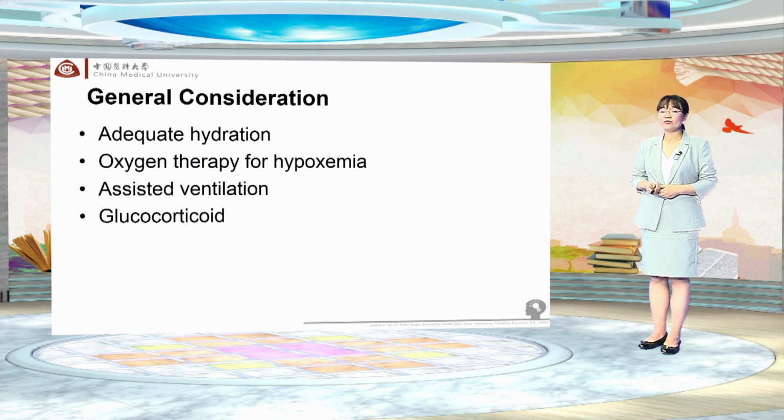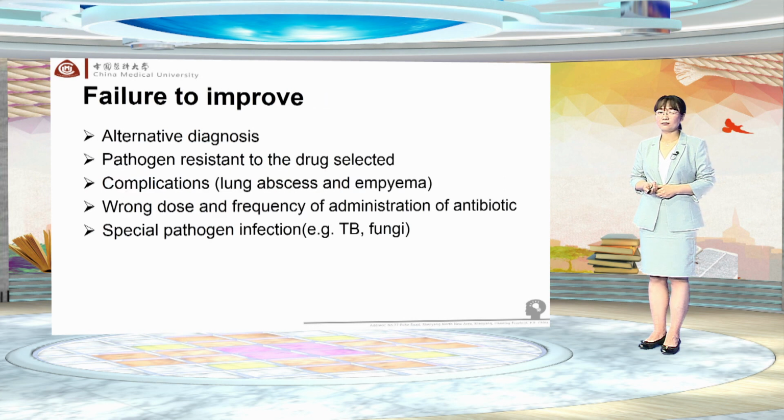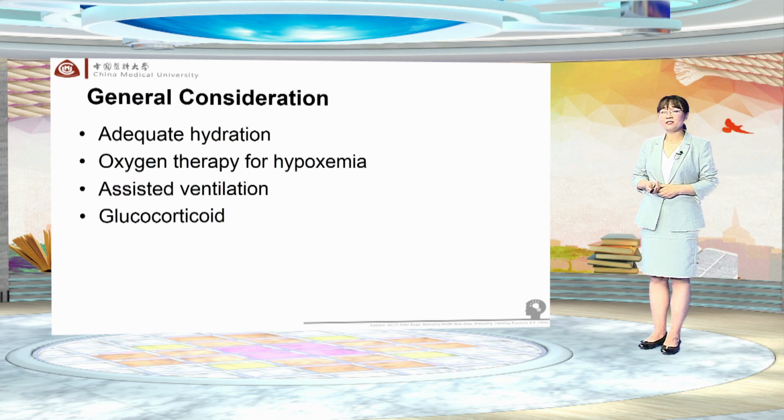Adequate hydration, oxygen therapy for hypoxemia, assisted ventilation when necessary are critical to successful treatment. Patients with severe CAP who remain hypotensive despite fluid resuscitation may have adrenal insufficiency and may respond to glucocorticoid treatment.